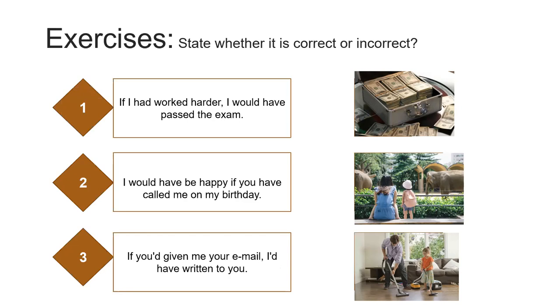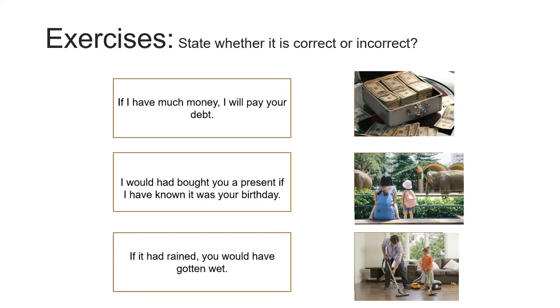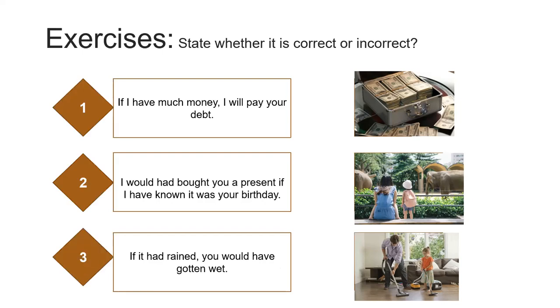Do you have any problem? Oh, you still have some here? We still have. Can you answer this one? If I have much money, I will pay your debt. Incorrect, sir. What you have to do here is change it to type 3.